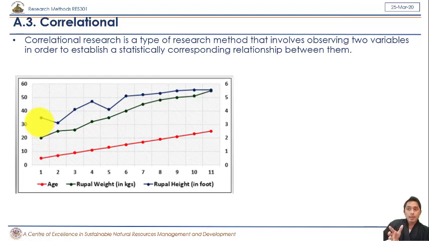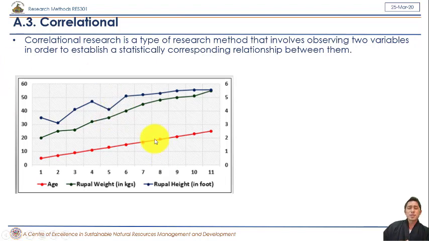But let's say this is just an example, and the height was around 35 feet. Then it goes like this with the age. So we are basically trying to see whether there is an association between height and weight as the age progresses.